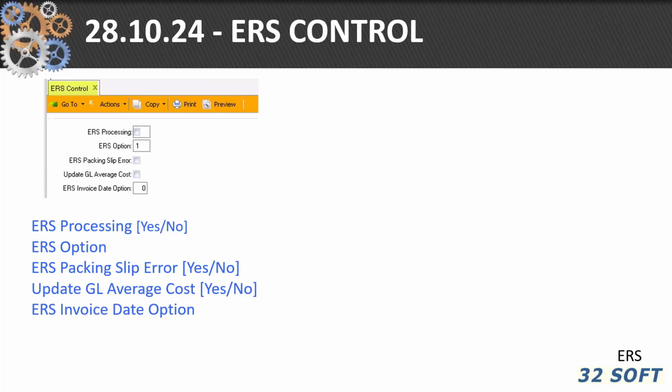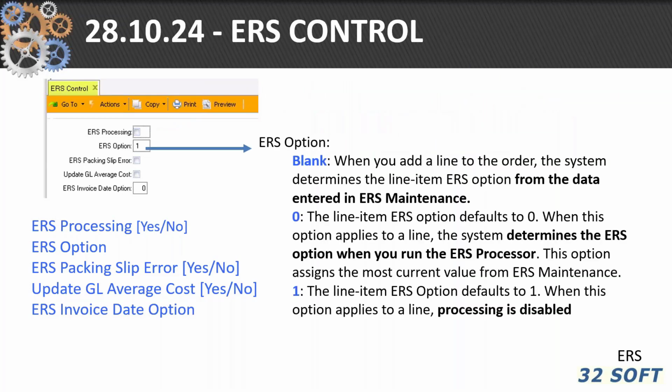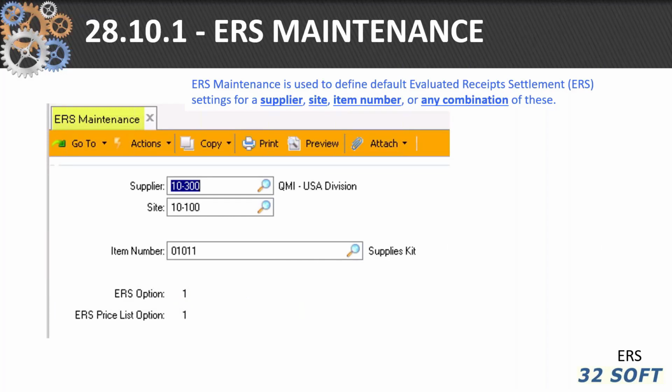So the 28.10.24 defines how you're going to do that, whether you're going to use ERS. This is the first button. The ERS option tells you what the default ERS process is, so whether you're going to use ERS or whether that process is disabled.